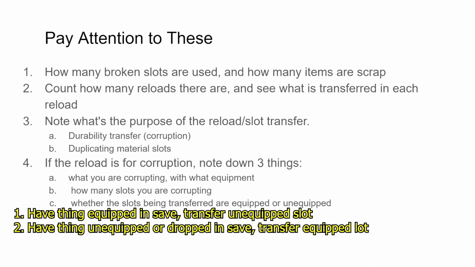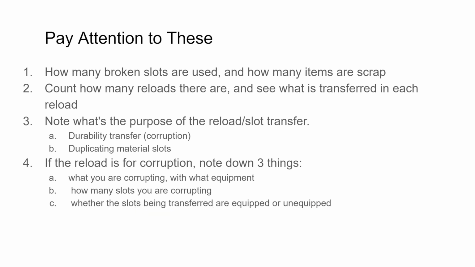And before you reload, you actually want to equip something and then reload. This means you're transferring an equipped slot, and that also counts as the equipped item after the reload, so corruption can still happen. So what you have to note down is if you're transferring the equipped or unequipped slots.